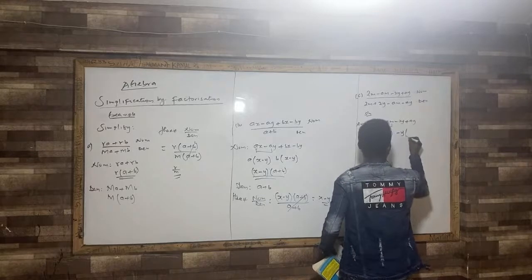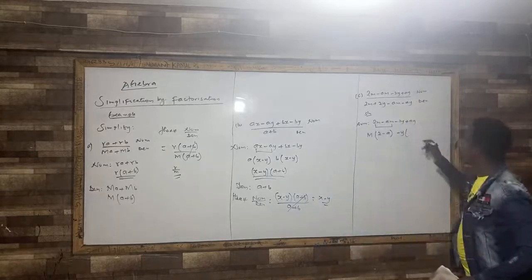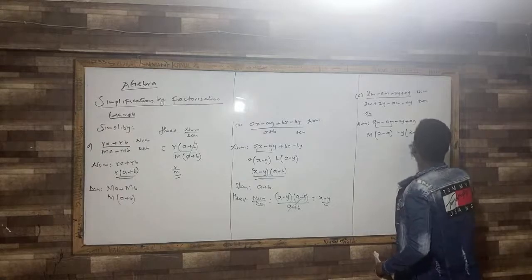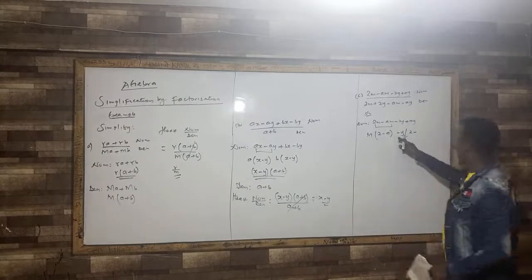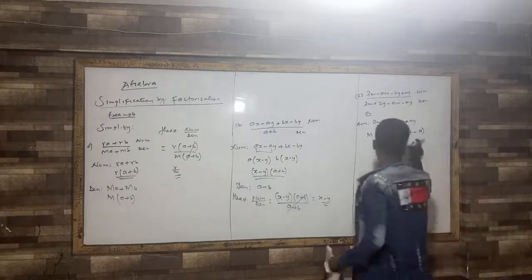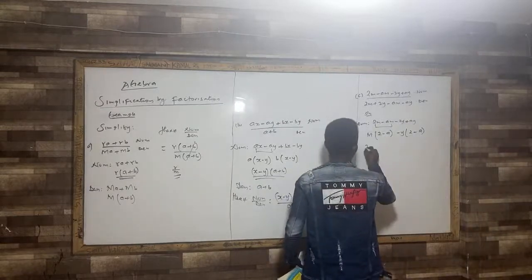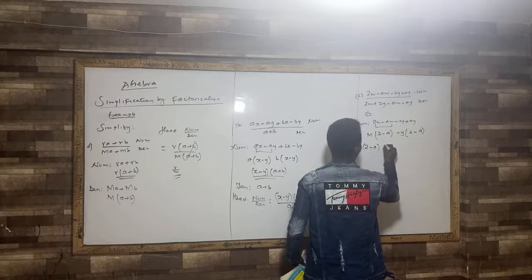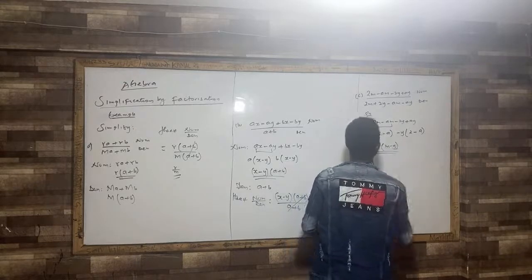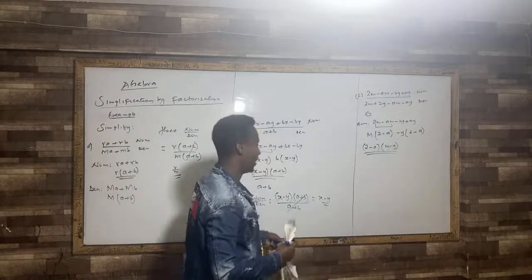Minus y, open the bracket now, y, because y is the common letter. So we're going to say 2 minus a, positive divided by negative. Understand please? 2 minus a. So can't you see now that's it? So we're going to say 2 minus a into m minus y. Final answer. Okay? For the num, yeah?